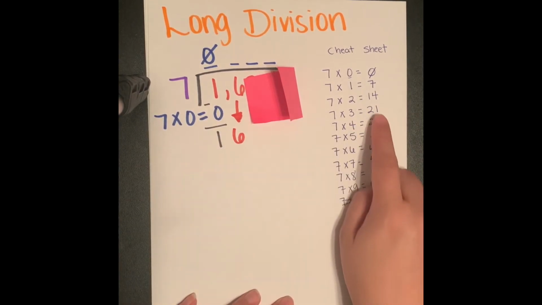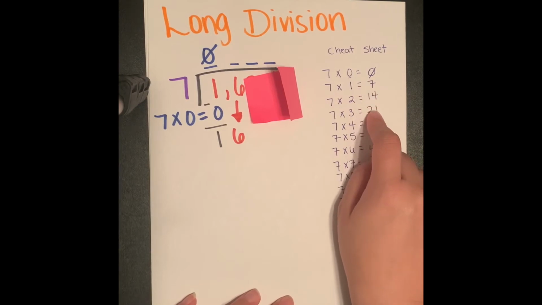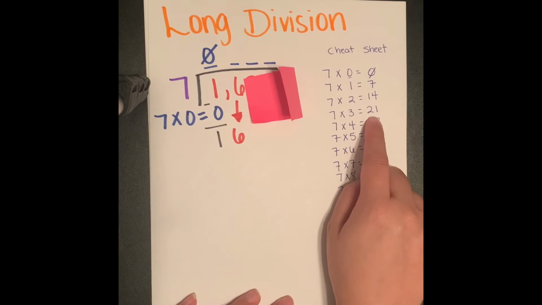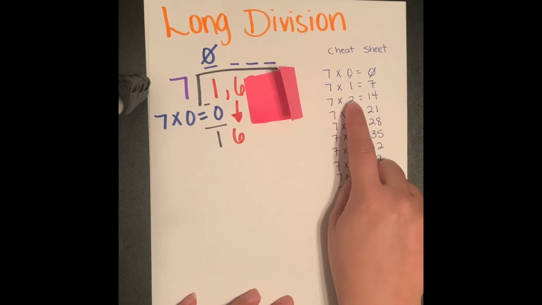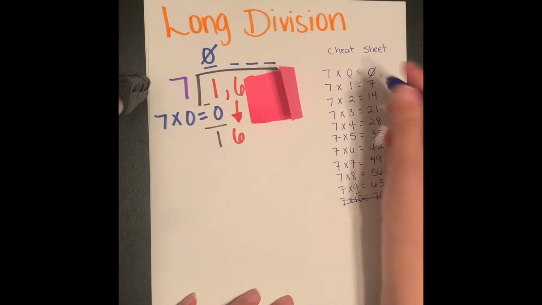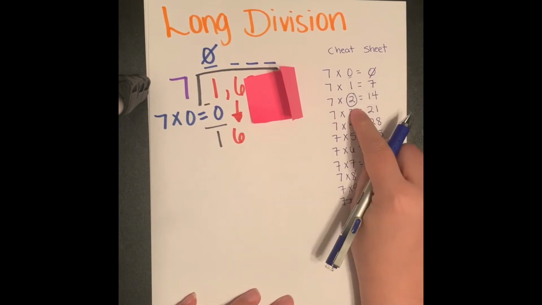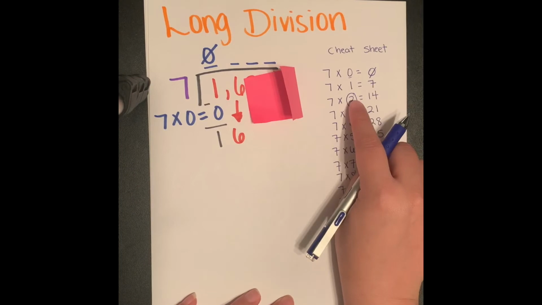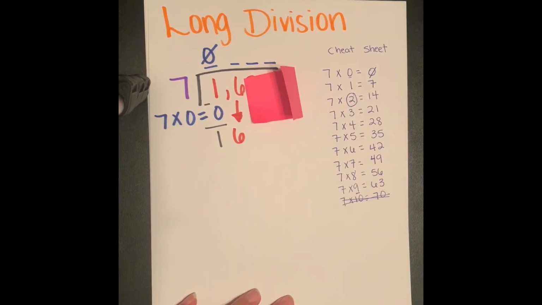So if I come to my chart, I can see I can't buy 3 items because I would need 21. So I can buy 2 items. 2 items at the $7 store cost $14. So I know 2 is the most I can buy.